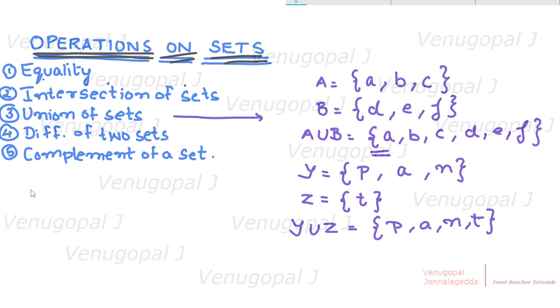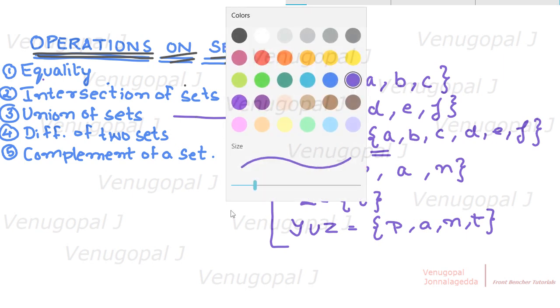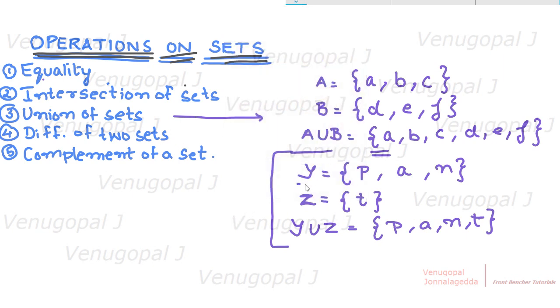Now let's change this example. Only the difference is I'll just change the elements in Z to show you the difference. Now let's consider the same sets Y and Z. Only I'll change my Z elements.